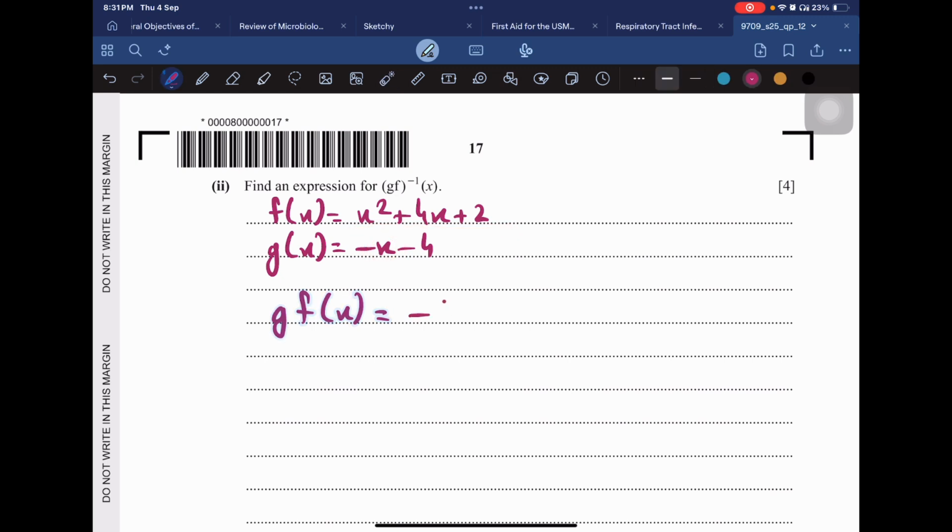So minus, in place of x I'll put f(x). We'll in fact keep f(x) in the other form, which was (x+2)² − 2, and we'll replace that over here.